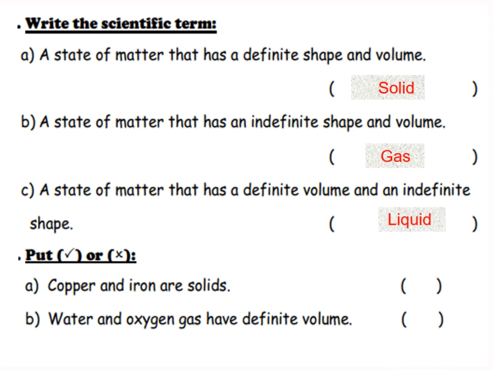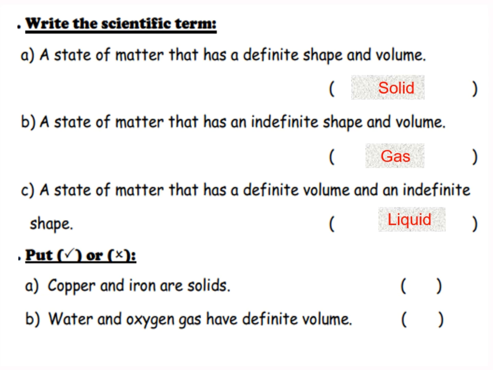Now, true or false? Copper and iron are solids. Copper is what is used to make doorknobs, okay? It's what is used to make some of the keychains. And you know iron already, it's used in making cars. So, are both of them solids?